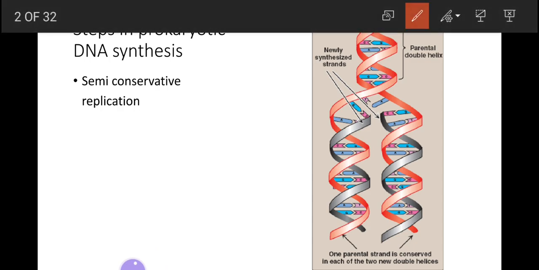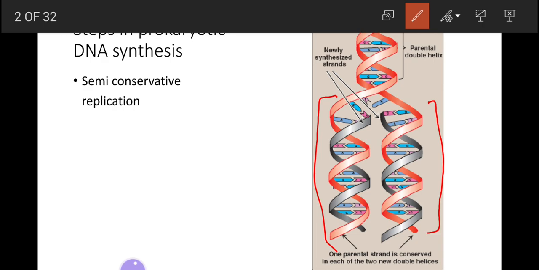This is the DNA strand in which you are seeing that first of all the parental strand is separated, and from a single parent molecule of the DNA, two molecules of the DNA are formed.